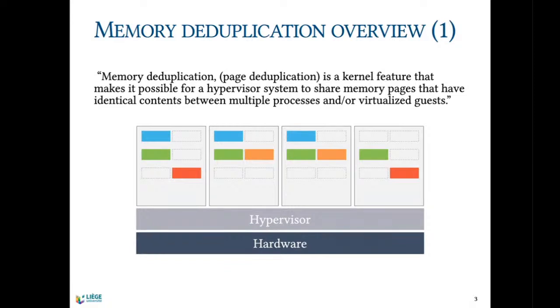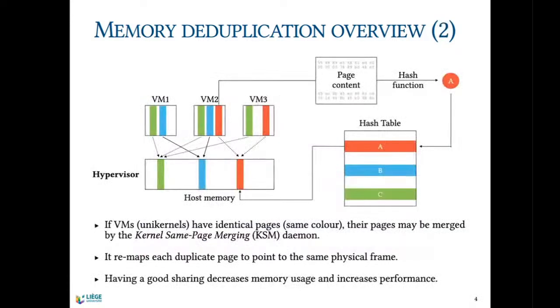In that diagram, all pages which have the same color will be mapped to the same frame. So instead of having 4 green pages that will be mapped to 4 physical frames, we get only one frame that is mapped to these 4 green pages. This approach allows saving memory by mapping several guest pages with identical content to the same host page.